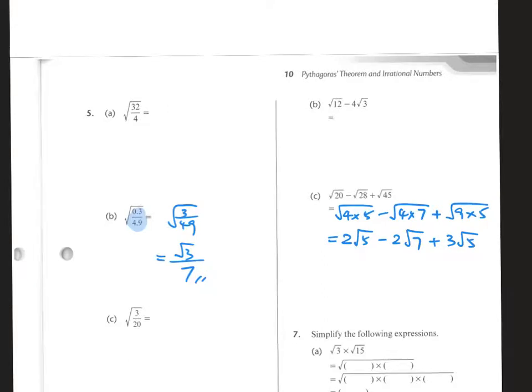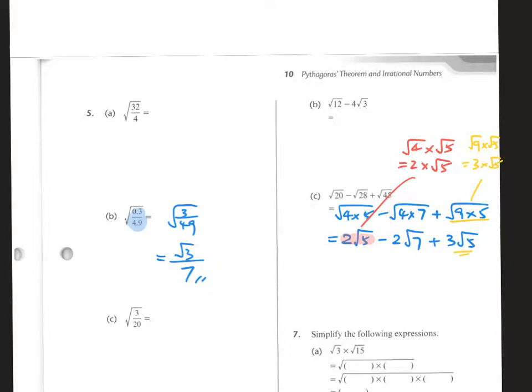If you find it too fast, then I may explain this again for you. How can we obtain it? It comes from square root 4 times square root 5, that means 2 times square root 5. As an abbreviation, we write 2 root 5. One more, square root 9 times 5 means square root 9 times square root 5, which is 3 times square root 5, so that's why it comes to this expression.